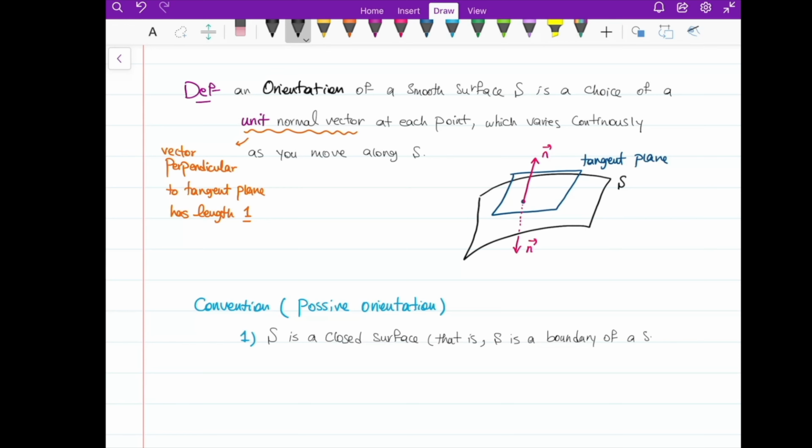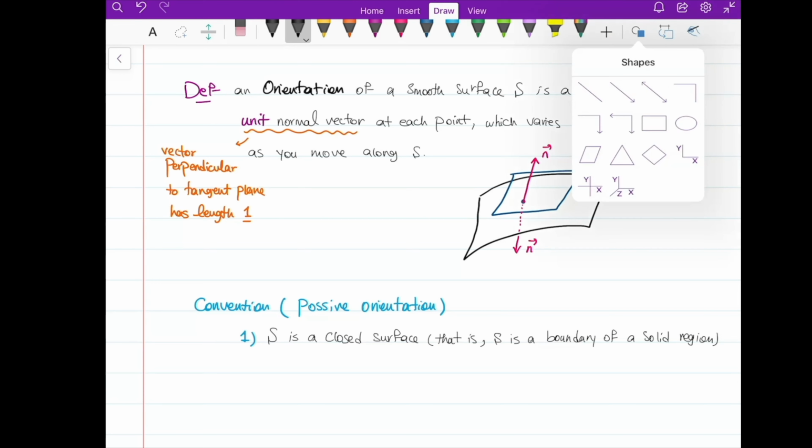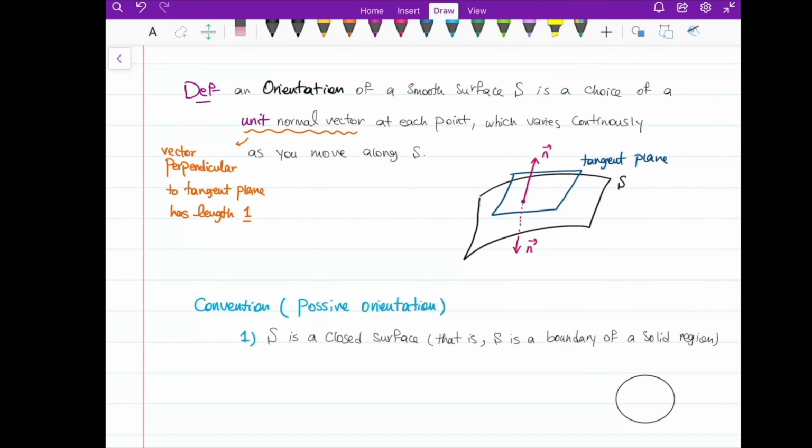Something, for example, you have a sphere, and let me graph the sphere, and S is basically the boundary of the sphere.